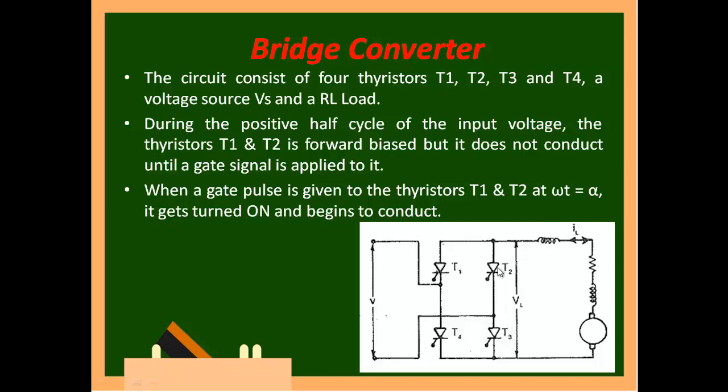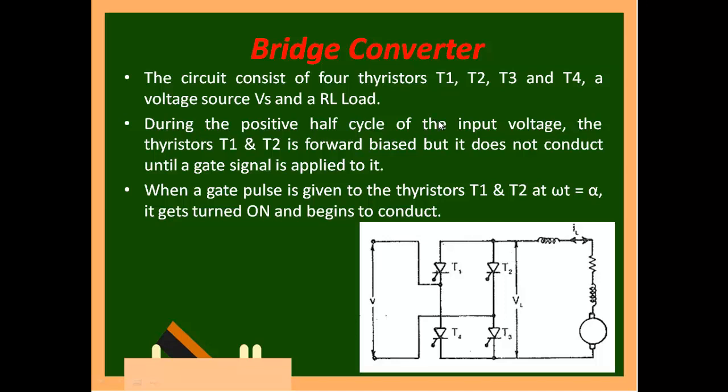What pulse I give to T2, the same pulse I have to give to T3, and the same pulse to T4. There is no difference between the pulses of T1, T3, T2, T4. T1 and T3 receive the same pulse, as well as T2 and T4. So alpha for T1 and alpha for T3 is the same. Similarly, alpha for T4 and alpha for T2 is the same.